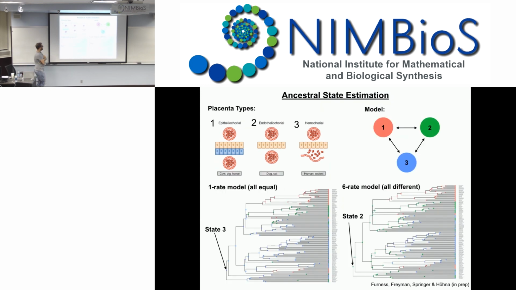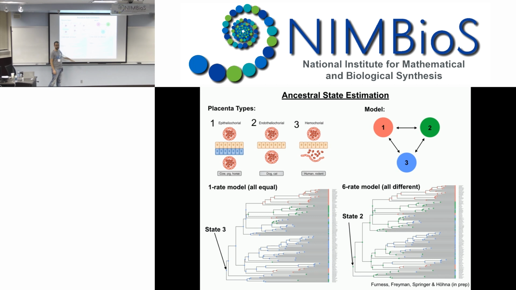Okay, so the first type of analysis that we did was looking at the ancestral state estimation. One of the interesting questions there is, what was the ancestral state for all placental mammals? If you use a very simplified model, then you estimate that the ancestral state was the most invasive, the hemichorial state, the blue one over here.